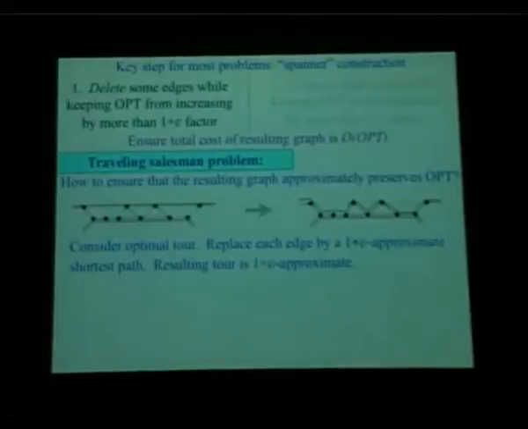In particular, between each pair of nodes visited, we replace an edge that maybe is omitted by a 1 plus epsilon approximate shortest path. That is, a path whose length is at most 1 plus epsilon times the length in the original graph. Then we will have increased the total tour length by at most a factor of 1 plus epsilon.